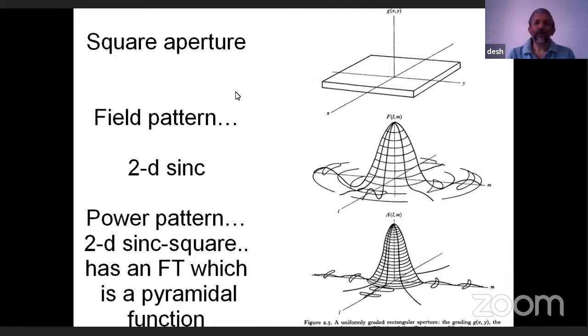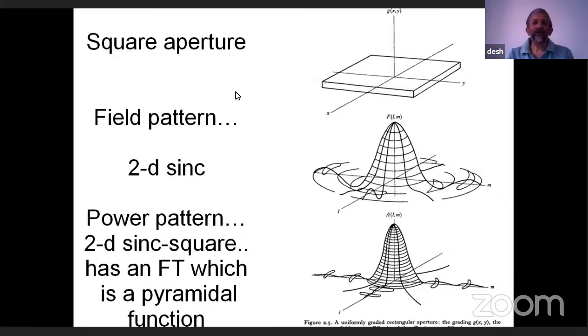So while a rectangular function, a square aperture, gives you a field pattern of 2D sinc, 2D sinc square will correspond to a self-convolved version of a rectangular or a square aperture, which will be a pyramidal function.